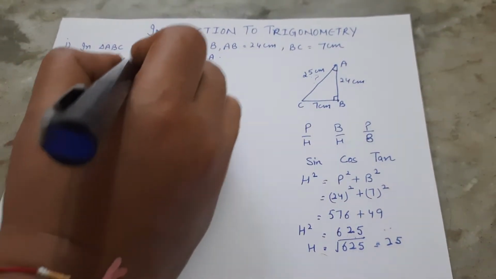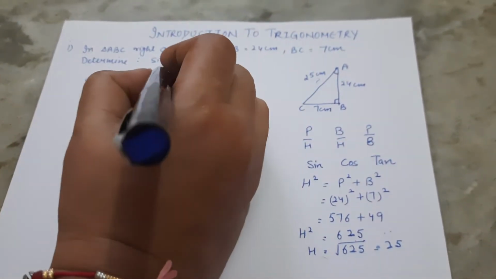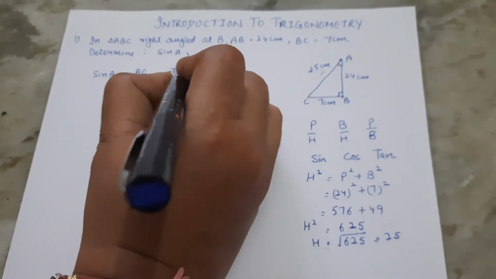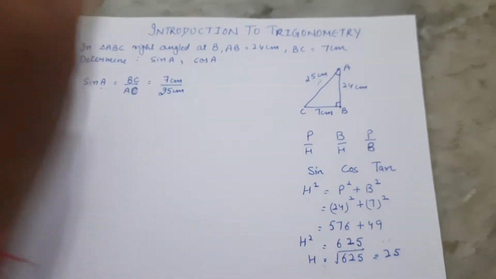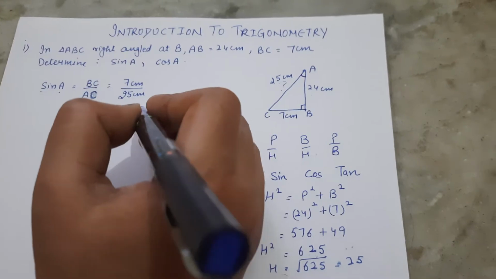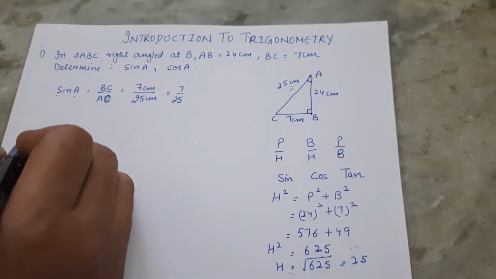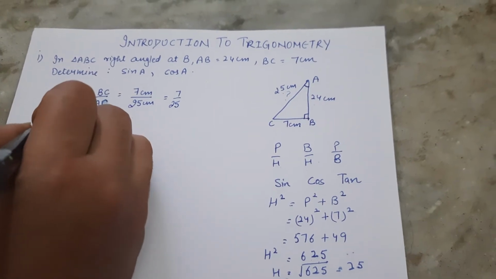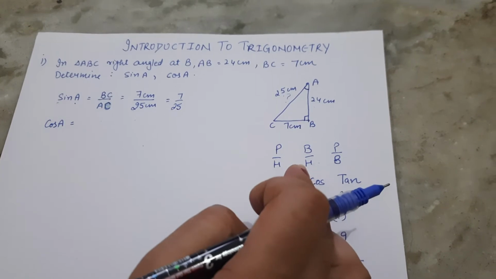Now we can find it easily. Because this is our opposite side in front of this angle, BC is equal to 7 centimeter, and the hypotenuse is equal to 25 centimeter. So sin A is 7 by 25, right? Similarly we can find cos A, which is base upon hypotenuse.